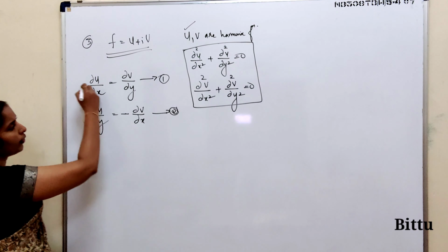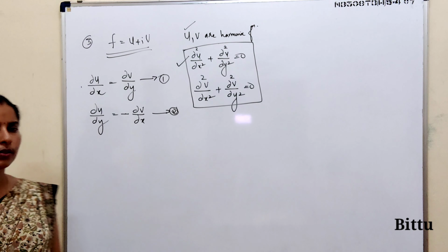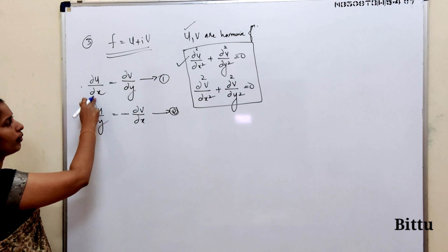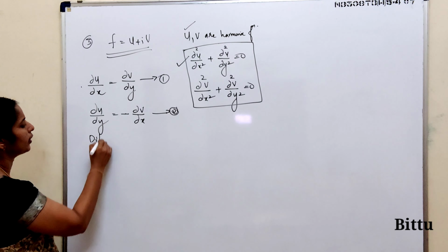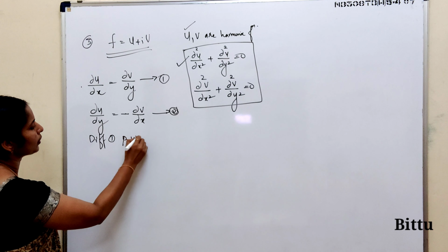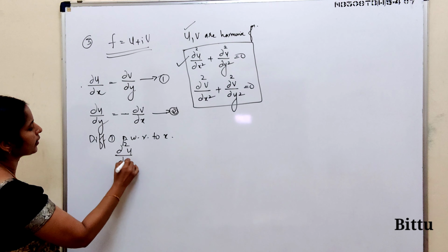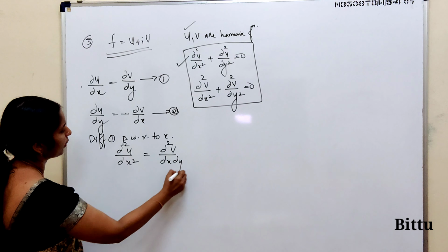See, for proving u harmonic, we have to prove ∂²u/∂x² plus ∂²u/∂y² equal to 0. Here we have ∂u/∂x. For getting ∂²u/∂x², we have to differentiate equation 1 partially with respect to x. So ∂²u/∂x² is ∂²v/∂x∂y.